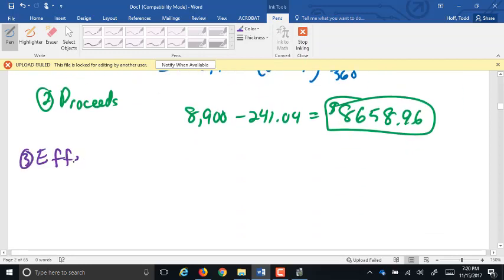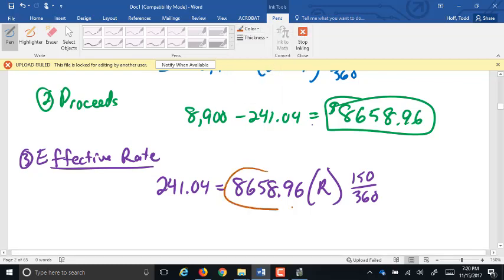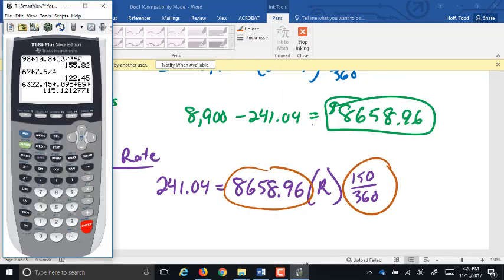So our final step in the effective rate is, perfect. And of course, we'll combine these two. Now, this is one that doesn't work out real well when I do it. So I do the 8658.96 times 150 divided by 360.